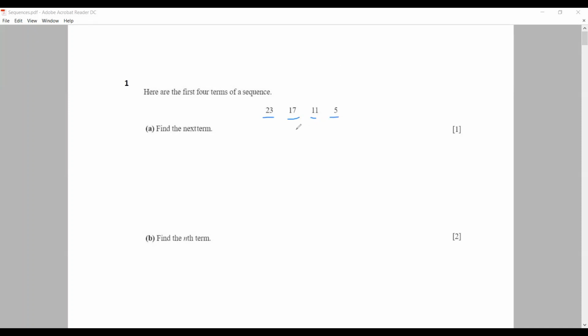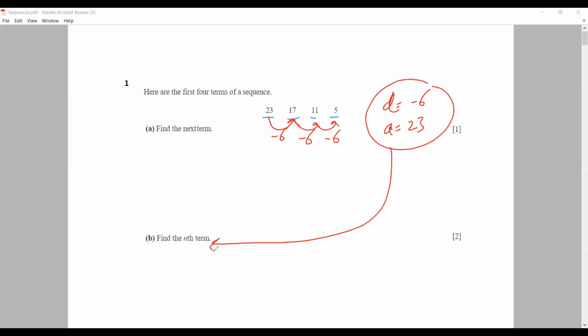It seems each term is gradually decreasing. Here I have -6. Do I get 11 if I subtract 6 from it? Yes. So it seems this is an arithmetic sequence in which d, the common difference, is -6, and my first term is 23. I'm going to use this information to answer part B.